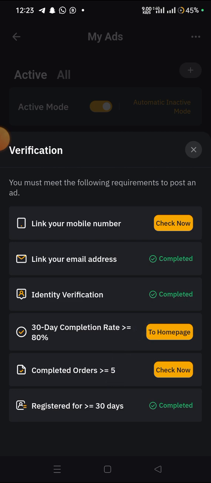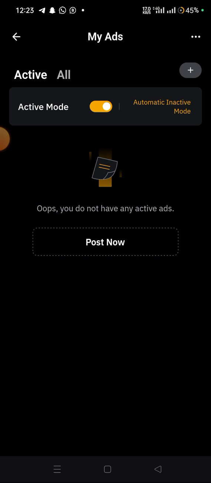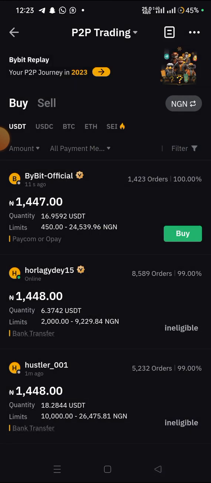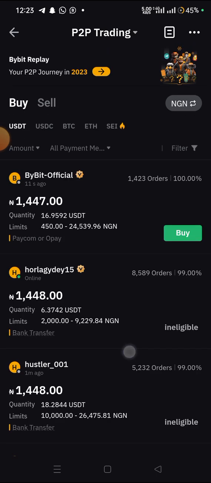You also have to be a user that has completed 5 orders on the P2P. After that, you can start posting your ADs on Bybit. For example, if you have a coin you want to sell, you place a sell AD, and it will show to people as buy. When people come to Bybit P2P and click on buy, they are going to see the AD you want to sell.